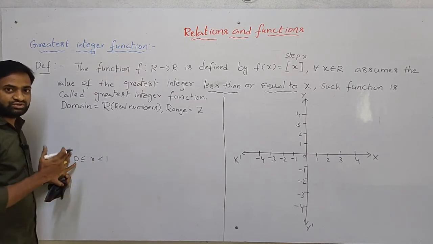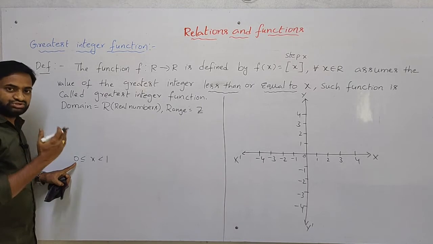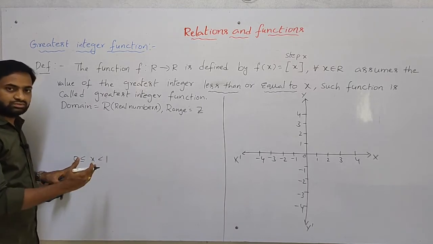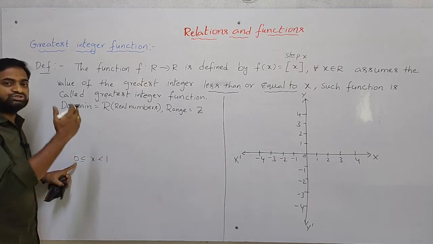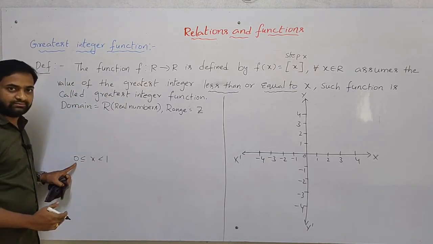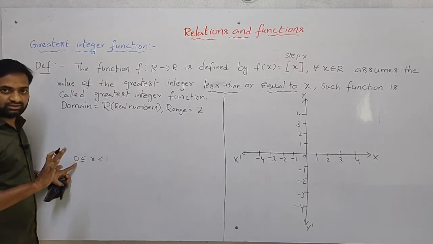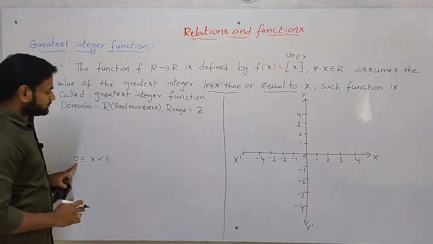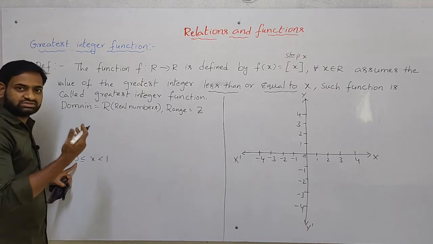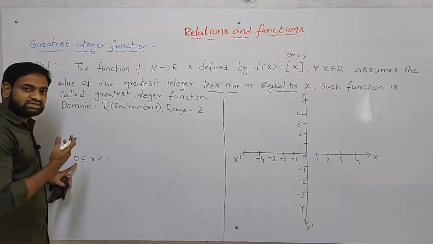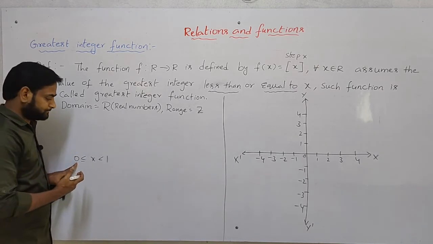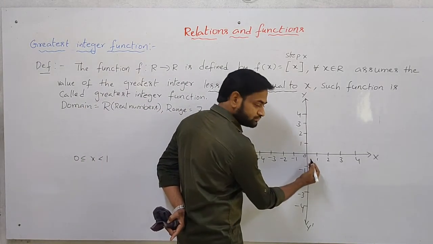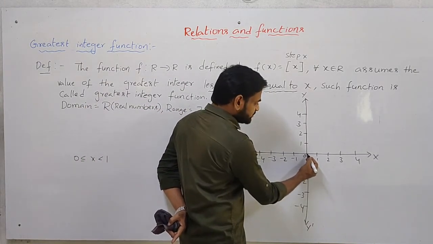That means which values can you take? 0 you can take, 0.1, 0.2, 0.3 up to 0.9. Don't take 1. So when it is 0, step x is 0. When it is 0.1, then it is here. Now 0.1 lies between 0 and 1.